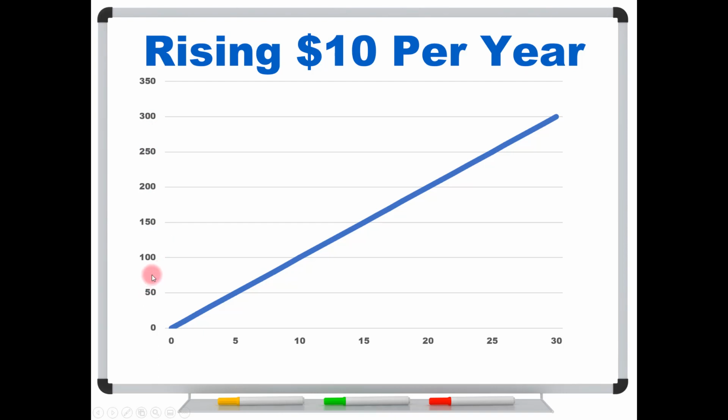When the stock moved from 50 to 100, that was a 100% increase in the stock's price. But when it moved from 100 to 150, that was only a 50% increase. Then when it moved from 150 to 200, that's only a 33% increase.